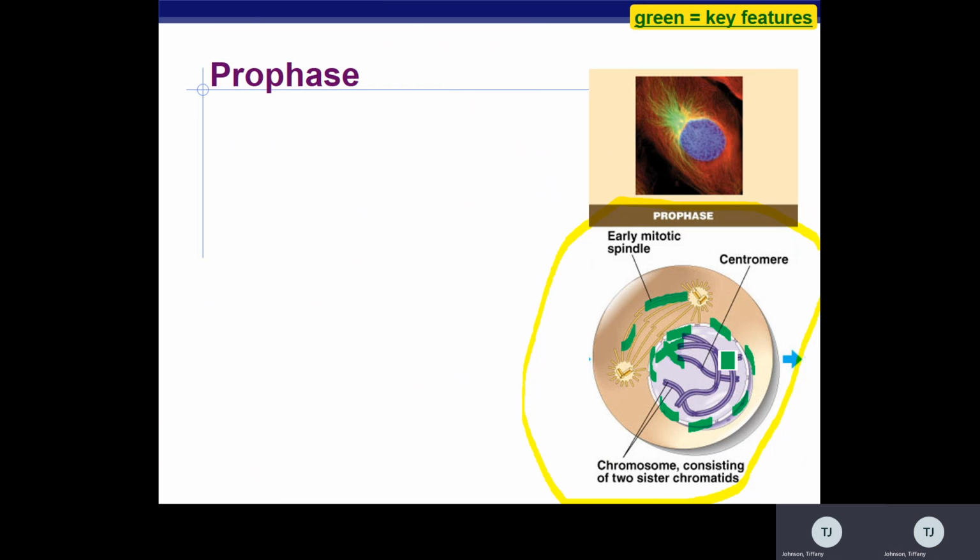And you also notice that the double-stranded chromosomes are really condensed. So to me, they kind of look like worms inside the nucleus. So you can see that a whole lot better than you do in interphase because they're not as condensed in interphase.